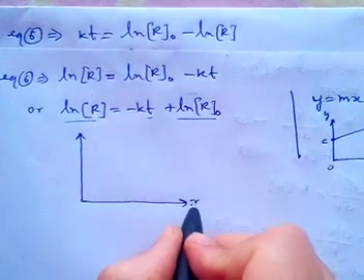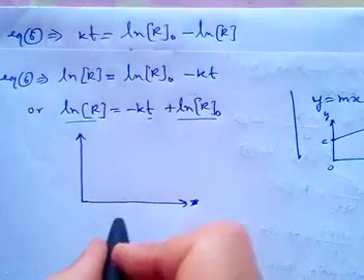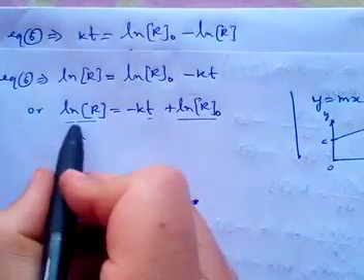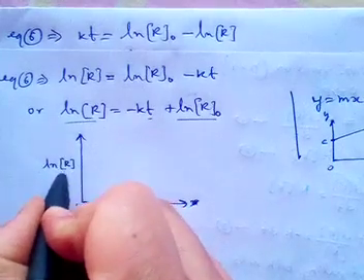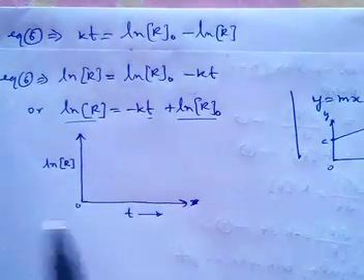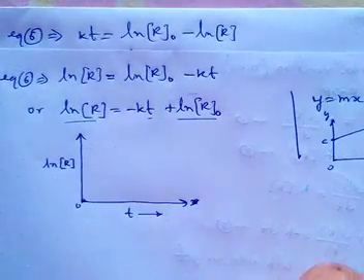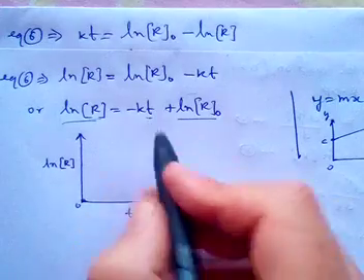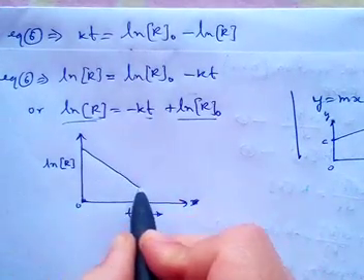Now just write this is your time t, and here we have to write ln r. ln is a natural log, right? So this versus this, what will be the graph? Minus k, so it's a negative slope again.